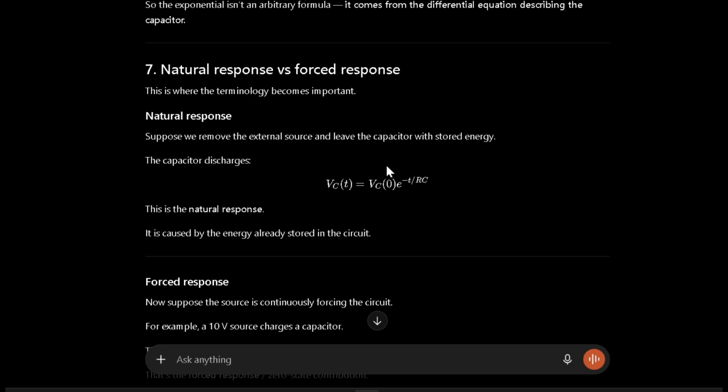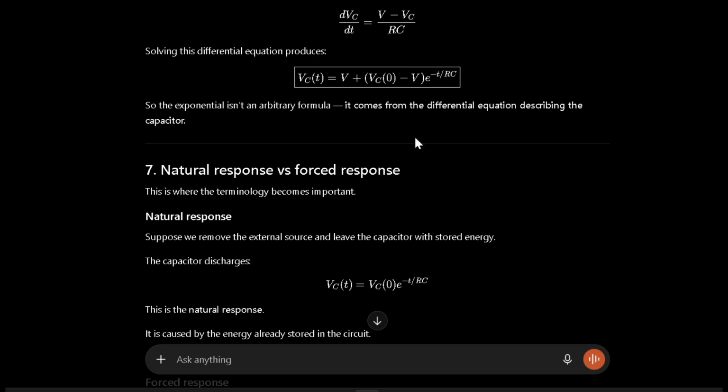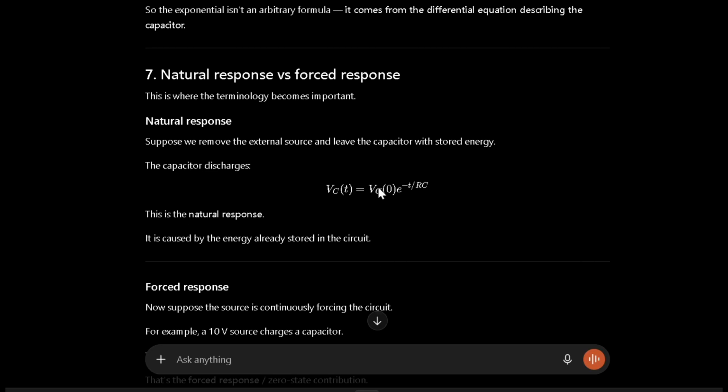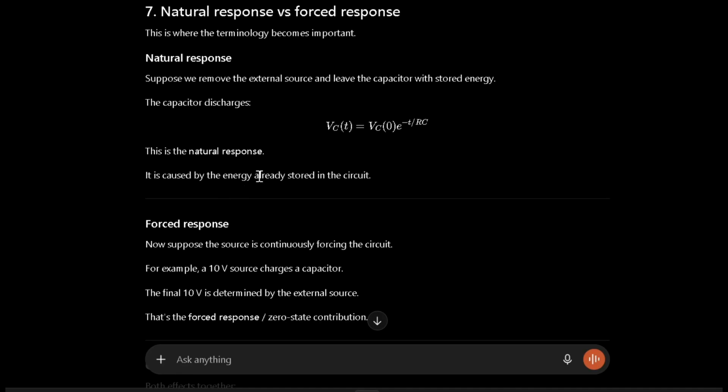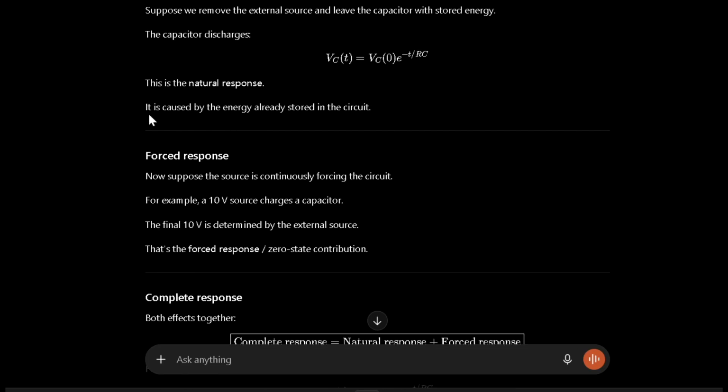When we remove the source, there's no forced response. The capacitor discharges, so V0 e power minus t by RC will be the natural response. It is caused by energy already stored in the circuit.